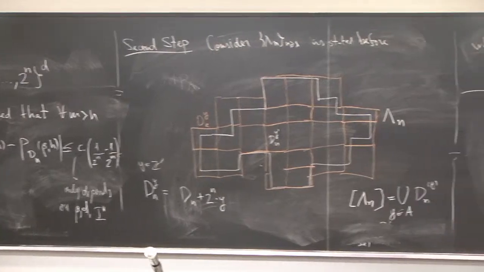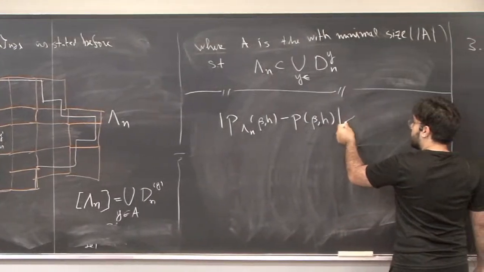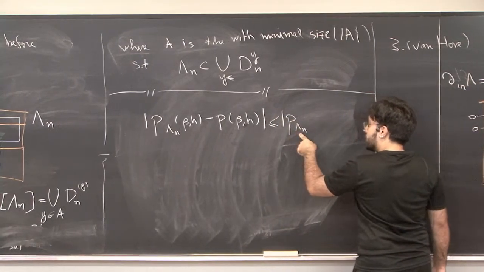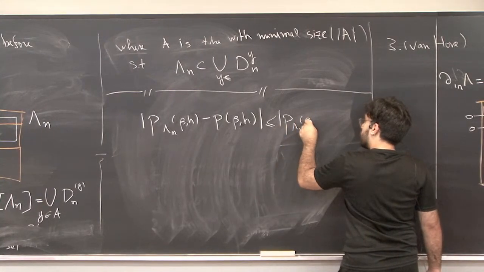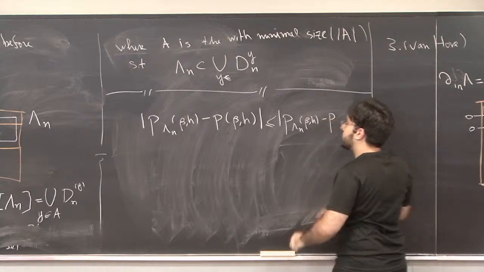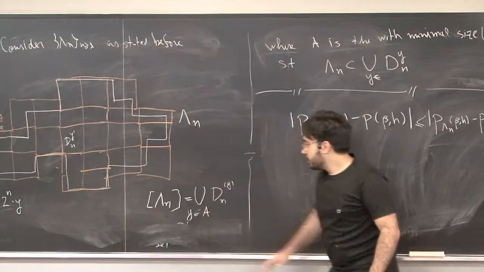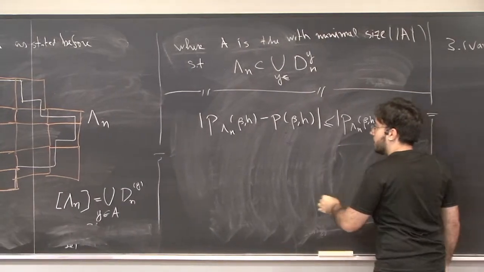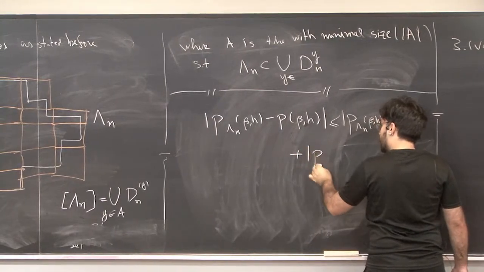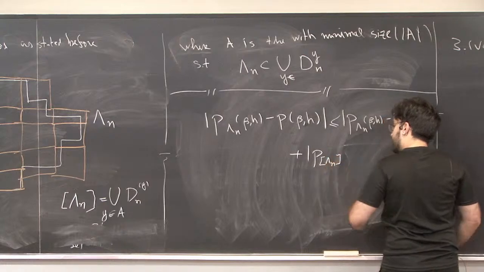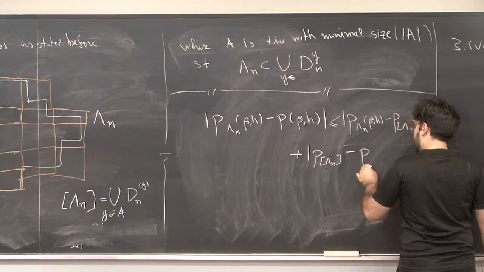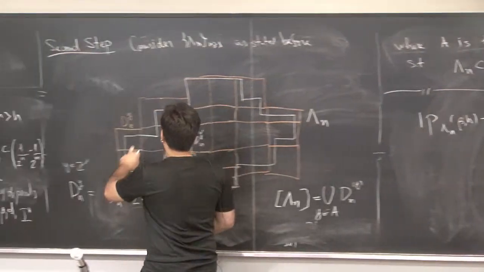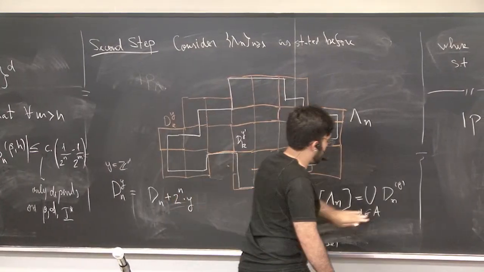And what I do is use the triangular inequality. So I first will approximate the pressure on lambda n, the local pressure, by the pressure in this set, plus the pressure of this set by the pressure of the cube in the scale that I use to cover it.